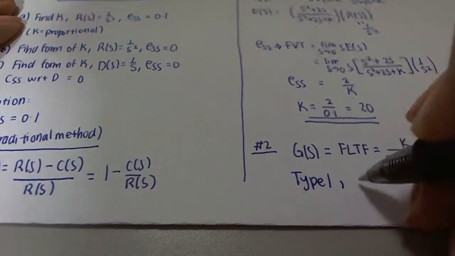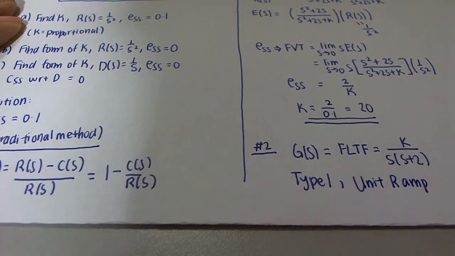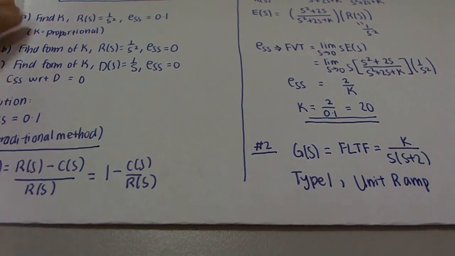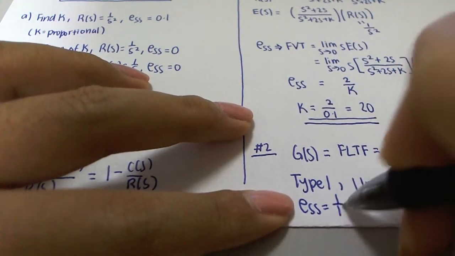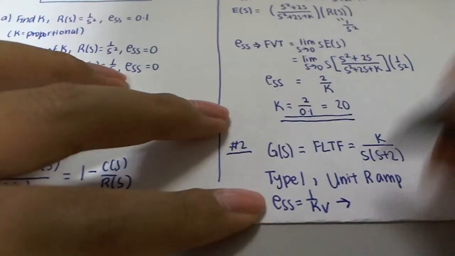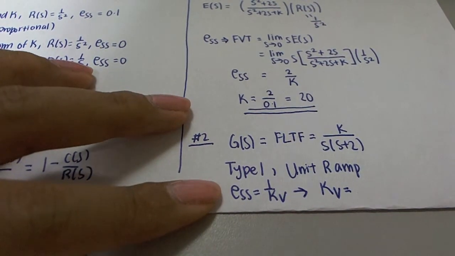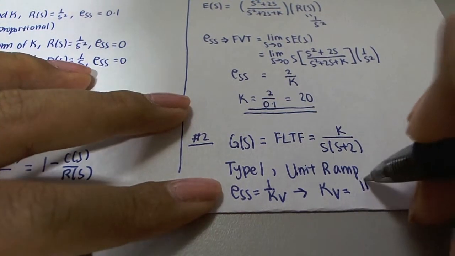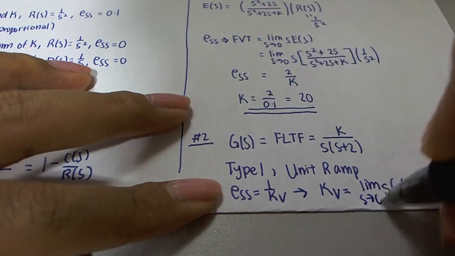And then we also have a unit ramp input. So for a type 1 system given a unit ramp input, the steady state error is given by 1 over Kv. And Kv here is basically the static velocity error constant, which is given by limit of sG(s) as s tends to 0.